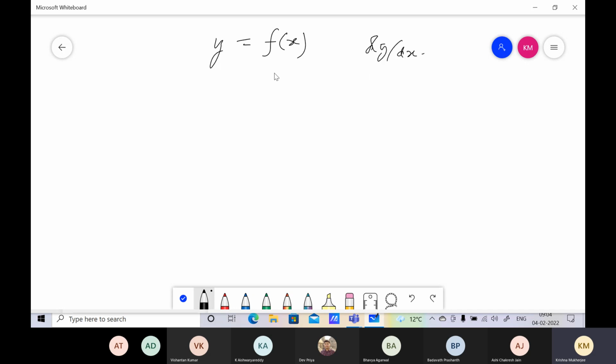But if you want to look at percentage changes or fractional change in y over fractional change in x, then really it is the elasticity E of y with respect to x.